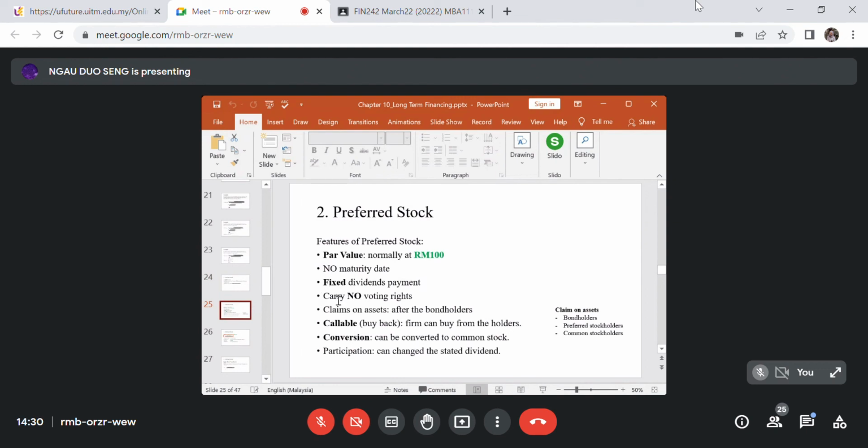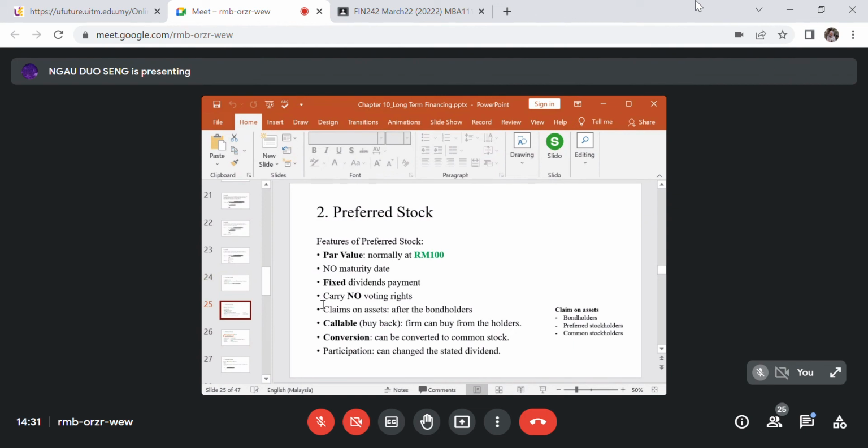Right, carry no voting right, right, you cannot vote for the directors, board of directors. Claim on asset after the bond holders, so claim on asset, this one which is happen apabila syarikat bankrupt.